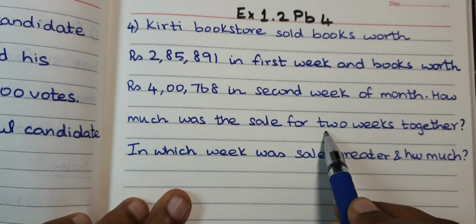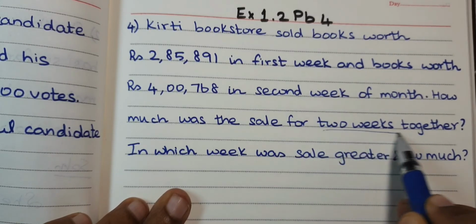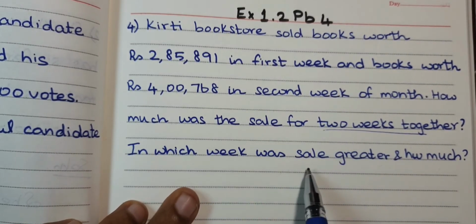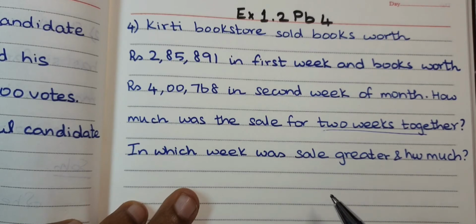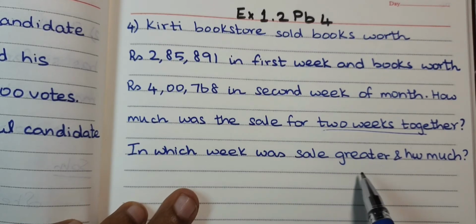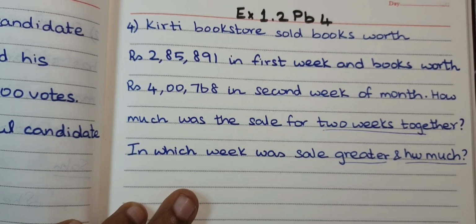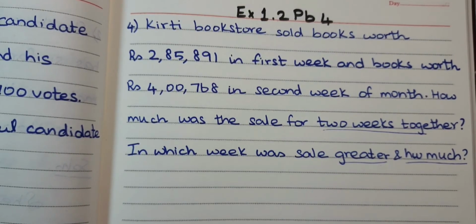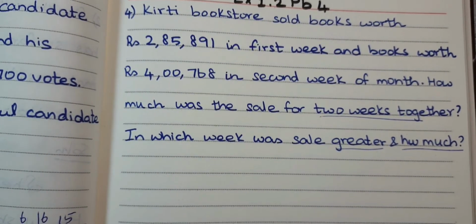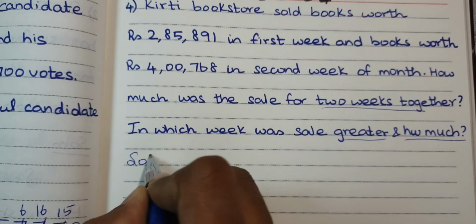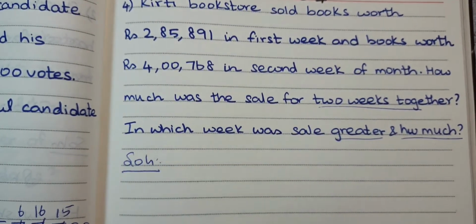First I have to find the two weeks' together sale. Next, in which week, that is the first week or second week, the sale is greater and by how much difference. This much I have to find out. So first you are going to write the solution, what is given in the question.